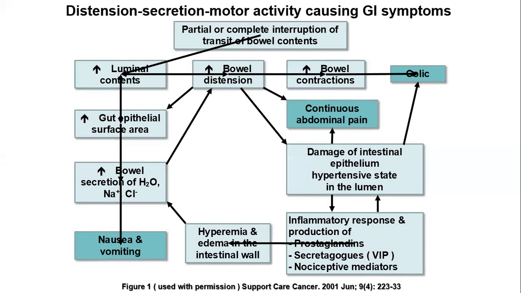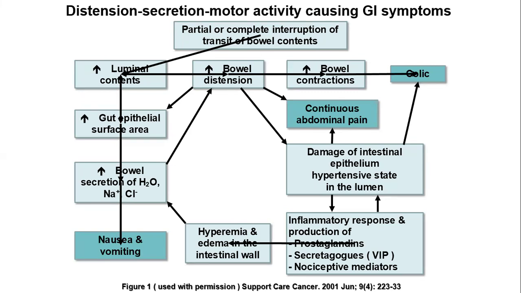Okay. I'm sorry, the arrows have come up. If we are looking at partial or complete bowel obstruction, what happens is that the luminal contents start building up. So there is an increase in the amount of luminal content present. What this leads to is a stretch of the intestine, right?